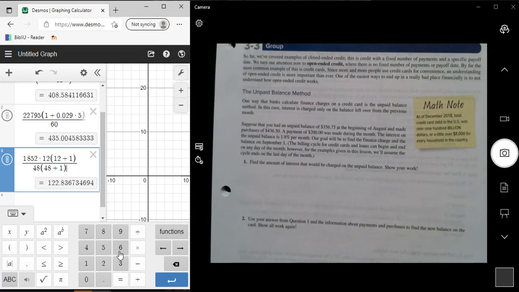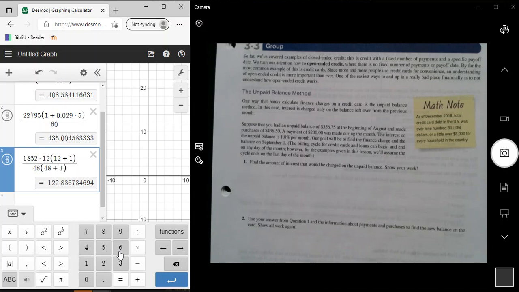A payment of $200 was made during the month. The interest on the unpaid balance is 1.8% per month. Our goal will be to find the finance charge and the balance on September 1st. The billing cycle for credit cards and loans can begin and end on any day of the month. However, for the examples given in this lesson, we'll assume the cycle ends on the last day of the month.